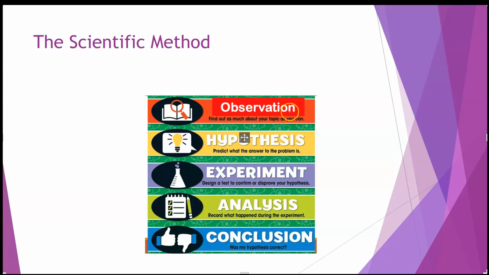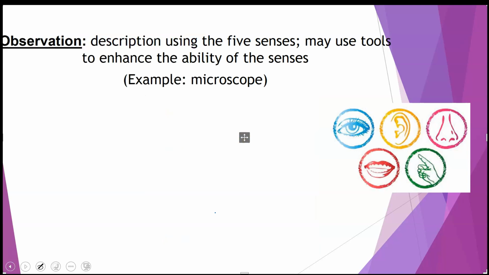So we'll be discussing observation and how observations can lead us to answer questions, our hypothesis, how to write a proper hypothesis, talking about an experiment, what are some of the controls and experimental aspects of the questions that we use to answer something, analyzing it, and then the conclusion. So all these are going to be parts of the scientific method.